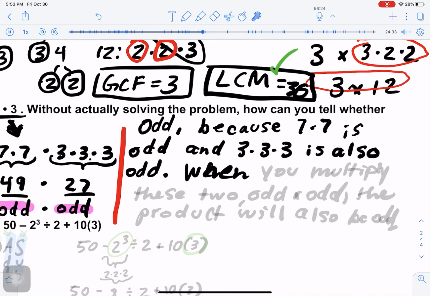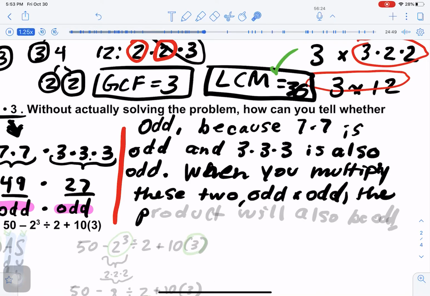When you multiply these two, odd times odd, the product will also be odd.